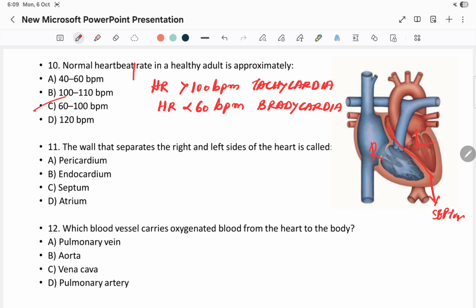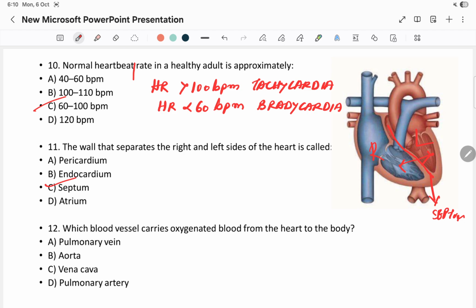It prevents the mixing of deoxygenated and oxygenated blood. As we all know, the right side of the heart carries deoxygenated blood, and the left side carries oxygenated blood. So it prevents the mixing of this oxygenated and deoxygenated blood. Clear? So the correct answer here is option number C, septum.